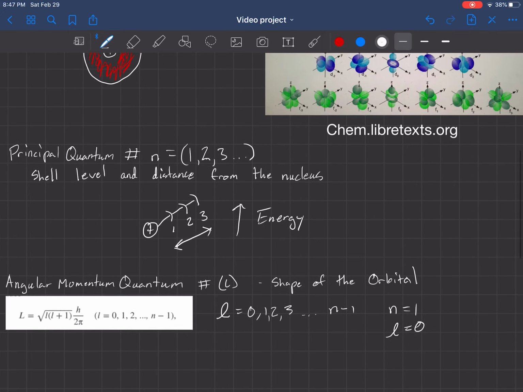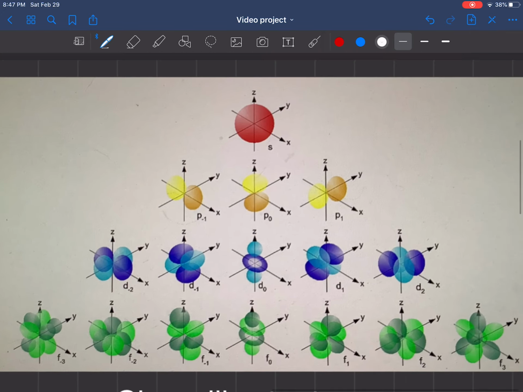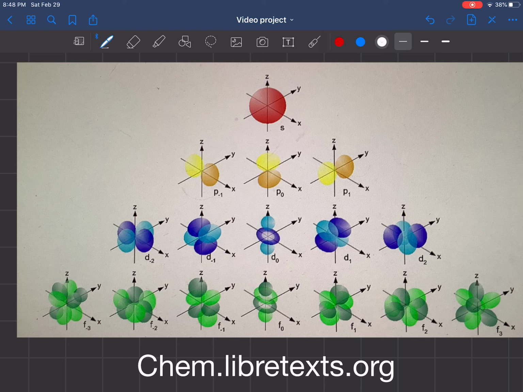Going up into this diagram here, we can see that we have multiple shapes. We have an s orbital, which gives us a sphere, and p orbitals, which give us a dumbbell shape. Then d orbitals, which are a bit more complex, a kind of dual-form shape, and then the f orbitals, which are even more complex.